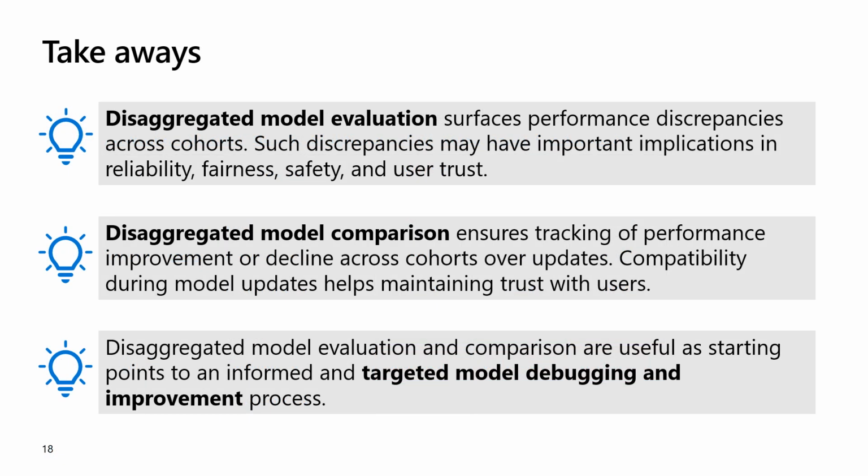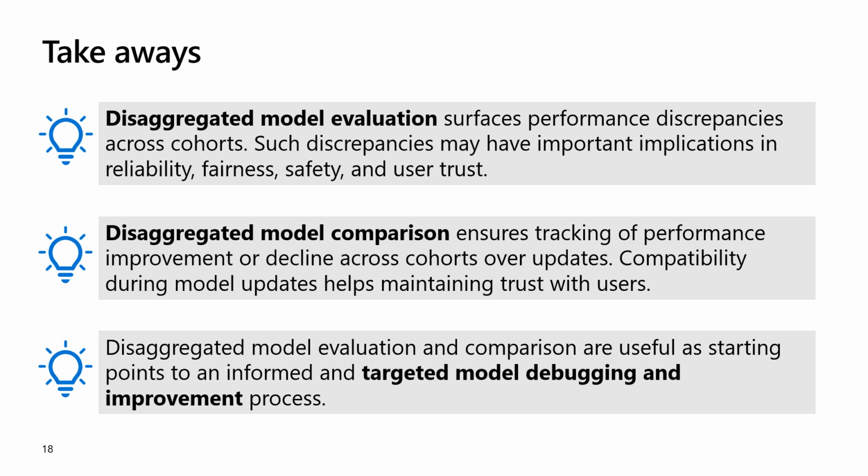To conclude, a few takeaways from this video. Disaggregated model evaluation surfaces performance discrepancies across cohorts. Such discrepancies may have important implications in reliability, fairness, safety, and user trust. Disaggregated model comparison similarly ensures tracking of performance improvements or decline across cohorts and across different model updates.